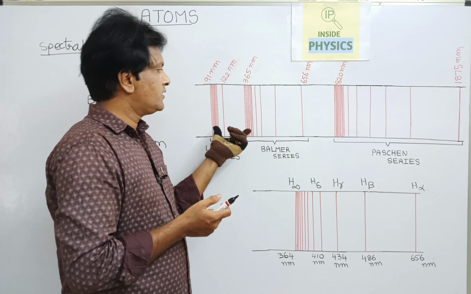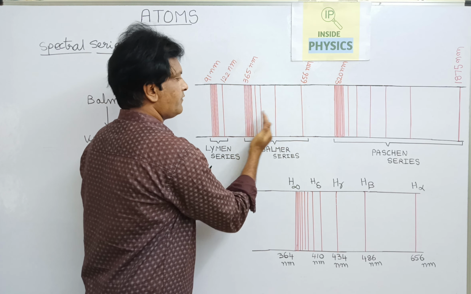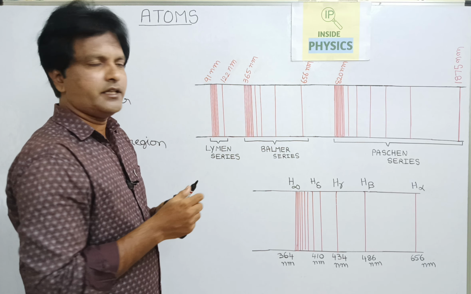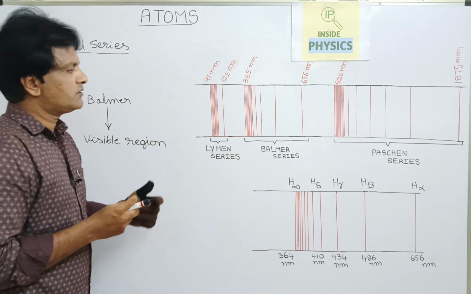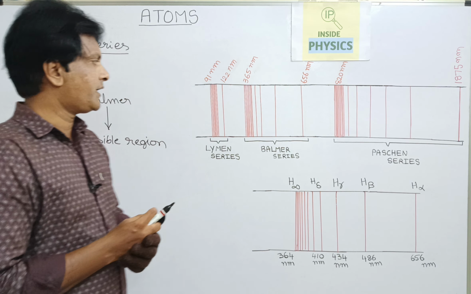When you move from right to left, the spacing between the lines decreases in a systematic way. We can observe that in the emission or absorption spectrum.